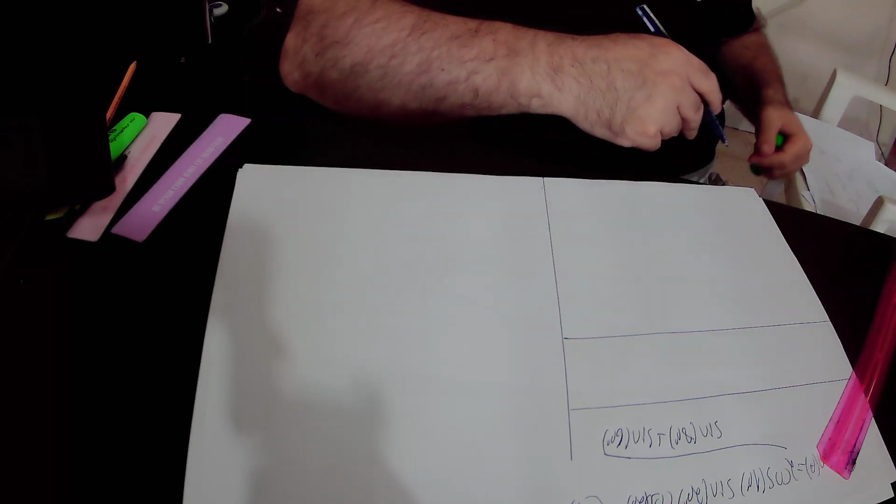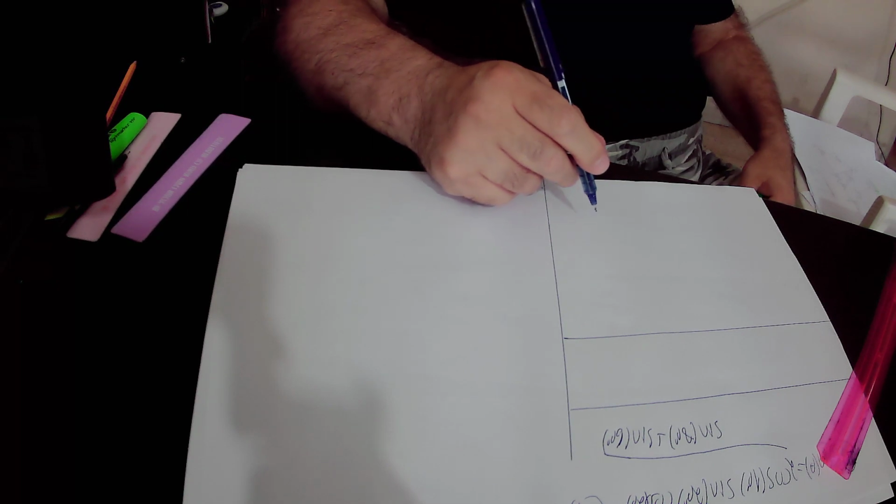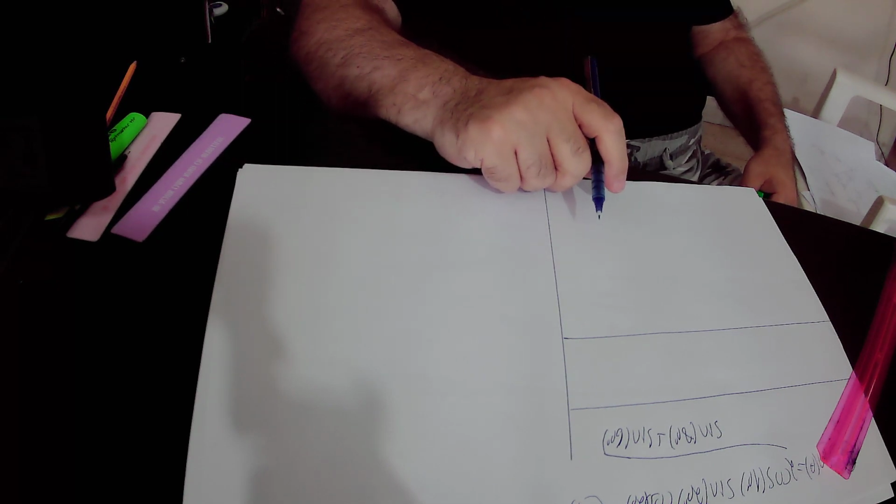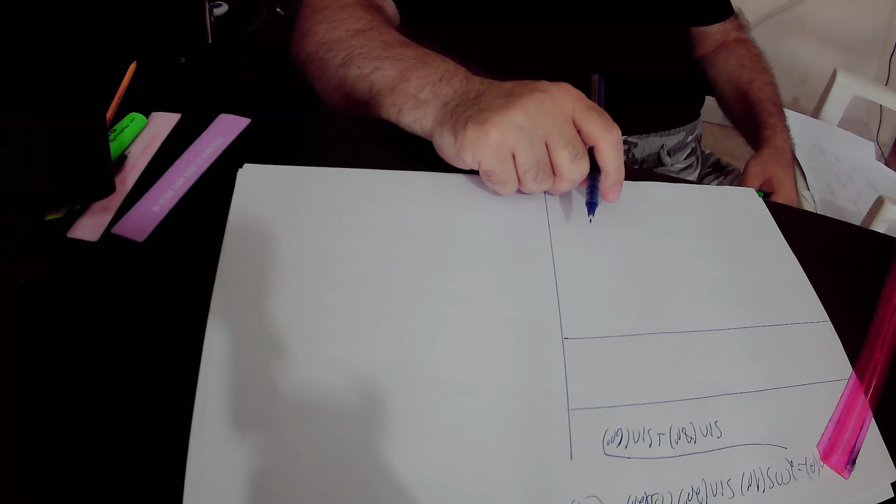In the denominator, we have sin 80 degrees plus sin 60 degrees.